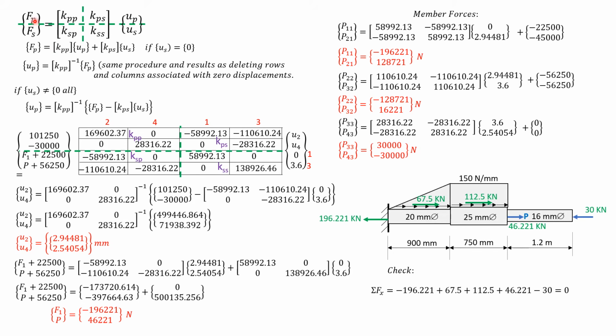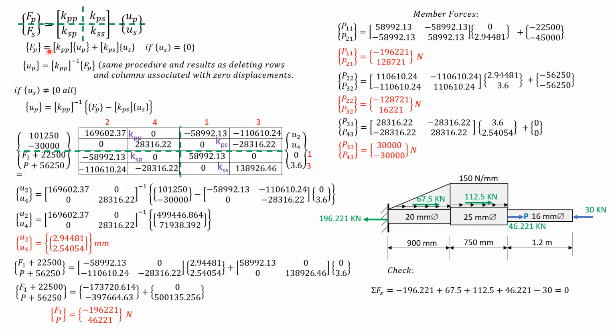So using expansion of the matrices, then we have FP equal to this square matrix KPP times U sub P plus KPS times U sub S. Now, if US is 0, then this second term will be 0, and the result will be FP equals KPP times UP.